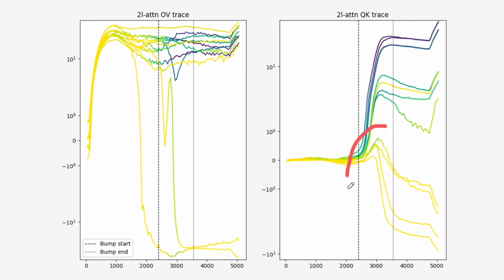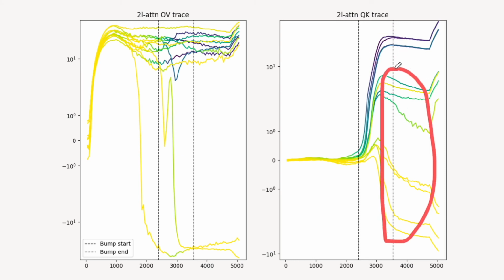And there's other collections of heads that just go do something else. We haven't analyzed in great detail what these other second-order QK behaviors are. It's less clear, but it seems like the process of having some heads specialize in induction-like second-order QK behaviors kind of frees up other heads to go do something else.